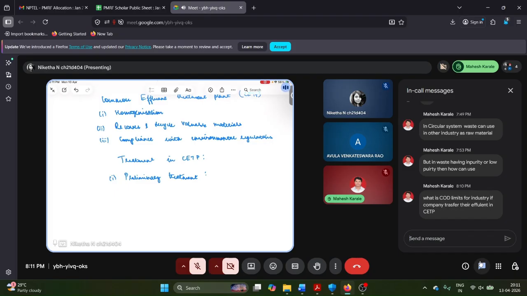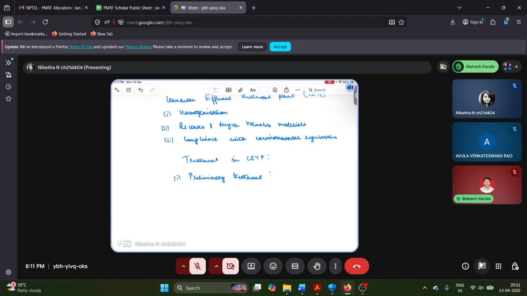I think there are some discharge standards. Discharge standards are only for treated effluent. Without treatment, discharge standards won't be applicable, so anything is going to be high. So it's better to treat and then look at the standards.